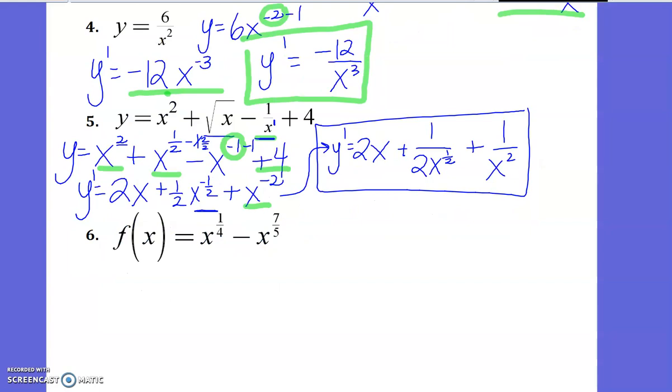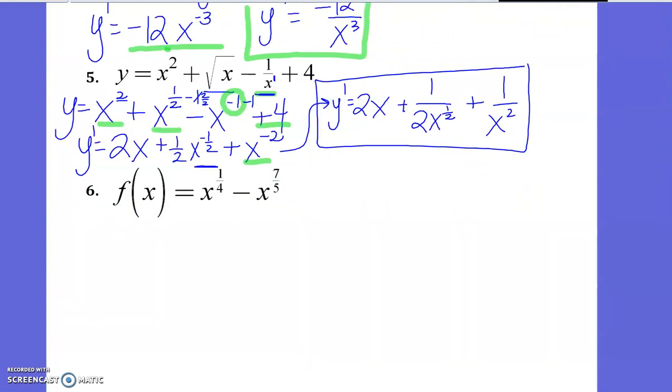Okay, for number 6, I'm going to move the 1/4 to the coefficient. When I subtract 1 from that, we want to think about that as 4/4. So 1/4 minus 4/4 is negative 3/4, minus 7/5 x.